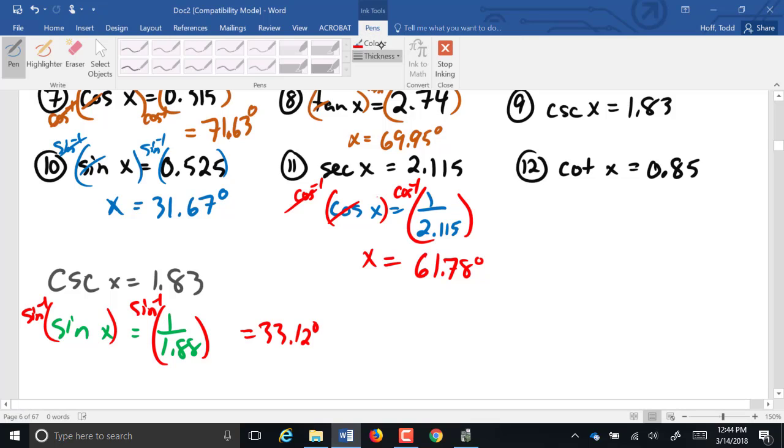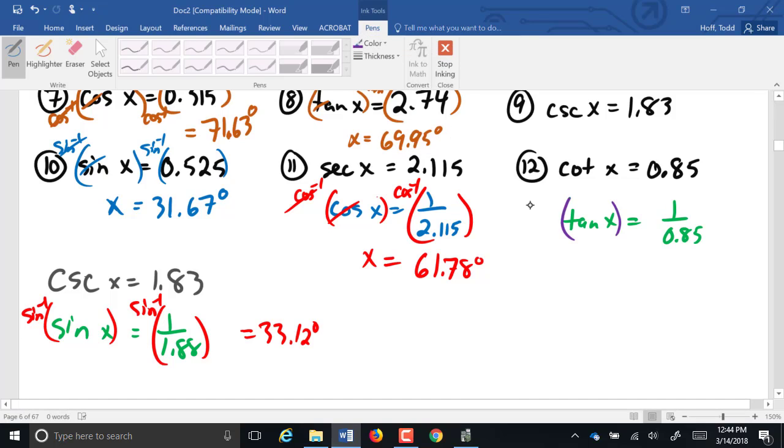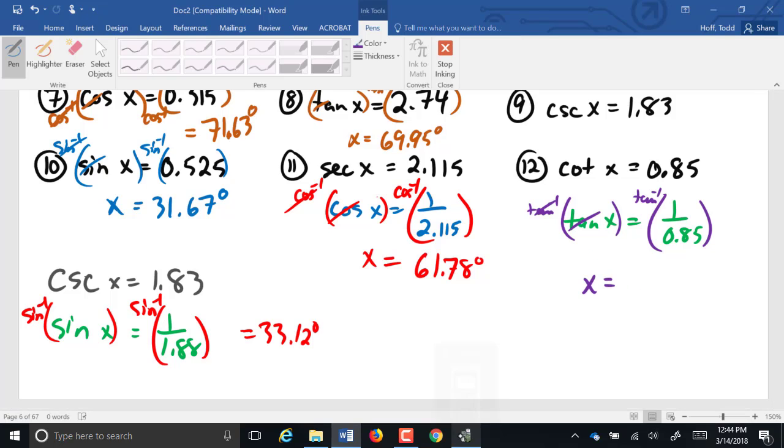And finally, cotangent. If the cotangent of x is 0.85, that means the tangent of x is 1 over 0.85. So we do an inverse tangent. Tangents cancel out. x equals the inverse tangent.